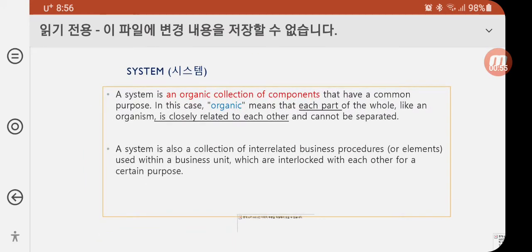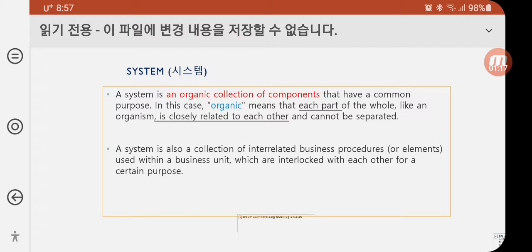A system is an organic collection of components that have a common purpose. In this case, organic means that each part of the whole, like an organism, is closely related to each other and cannot be separated.